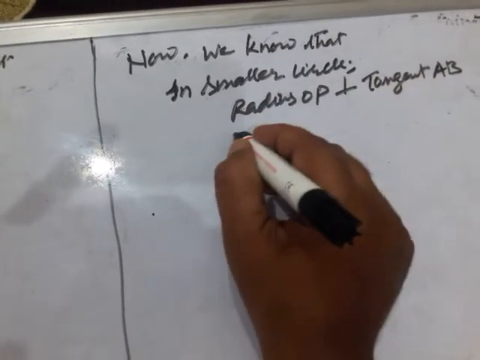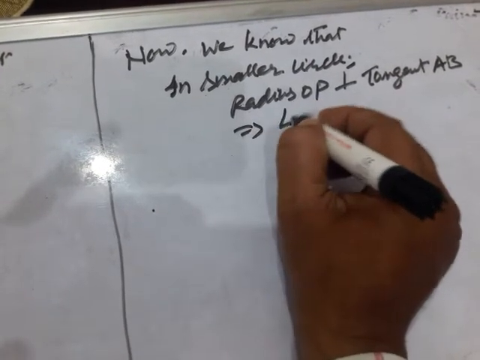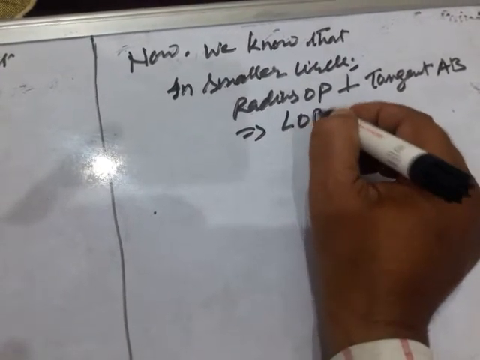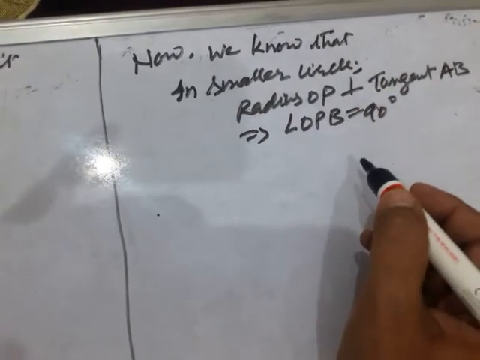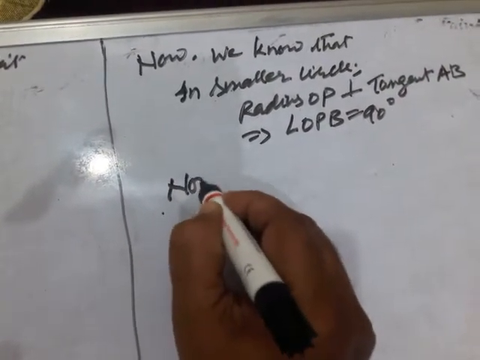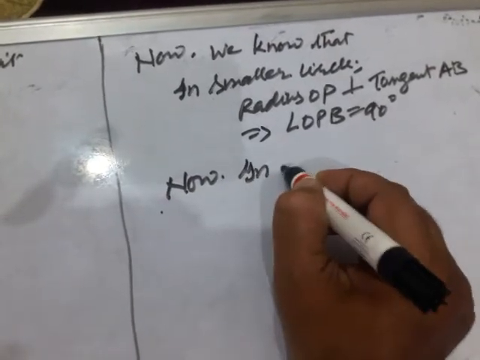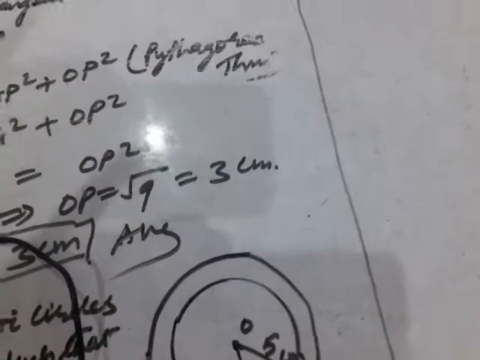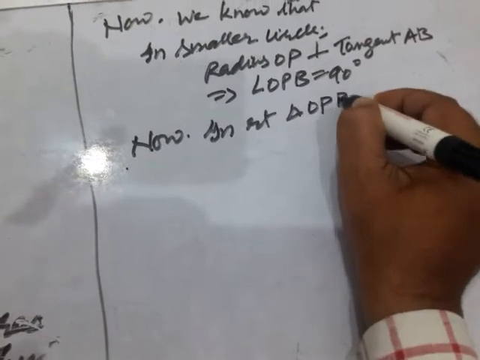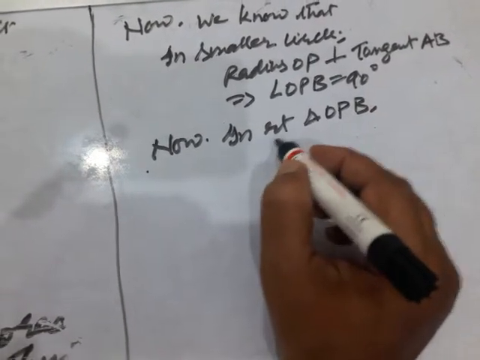This implies that angle OPB equals 90 degree. Now in right triangle OPB, PB² = OB² − OP².